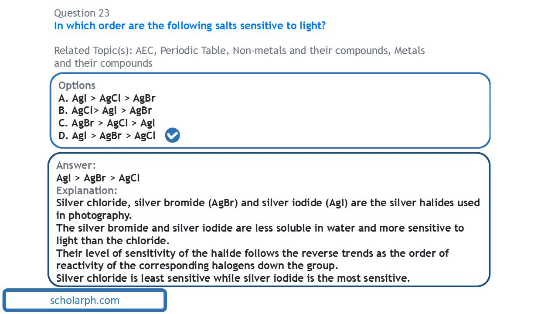The most sensitive of them to light is the silver iodide. The least sensitive is silver chloride. So silver iodide is more sensitive than silver bromide, which is more sensitive than silver chloride.